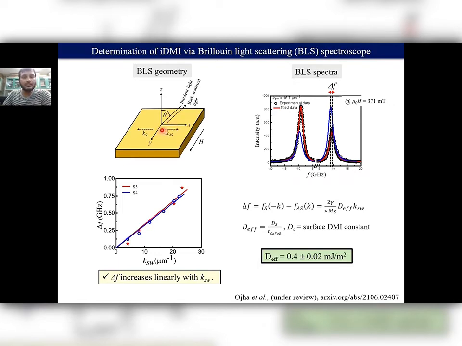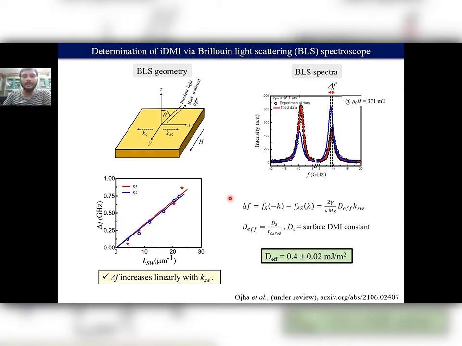If there is any IDMI present in the system, then one can observe a frequency shift between the Stokes and anti-Stokes lines. Here we have also observed the frequency shift delta F in our BLS spectra. We kept a constant in-plane magnetic field at 371 millitesla and varied the spin wave vector.